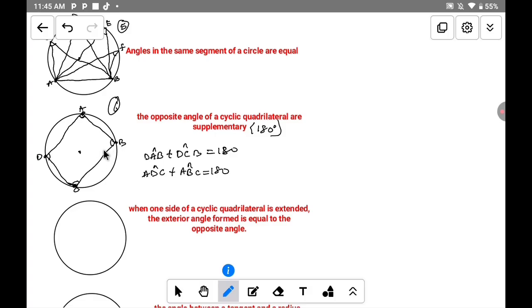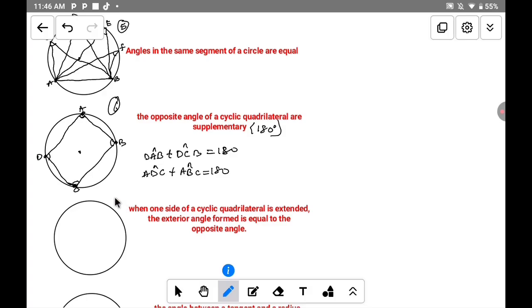Just look at the diagram, look at the figure they drew inside the circle, and make sure it touches the circle at four points. When it touches the circle at four points, just remember that this is a cyclic quadrilateral. Now you apply that the sum of the opposite angles of a cyclic quadrilateral is equal to 180 degrees. We will get more practice with more examples under this.